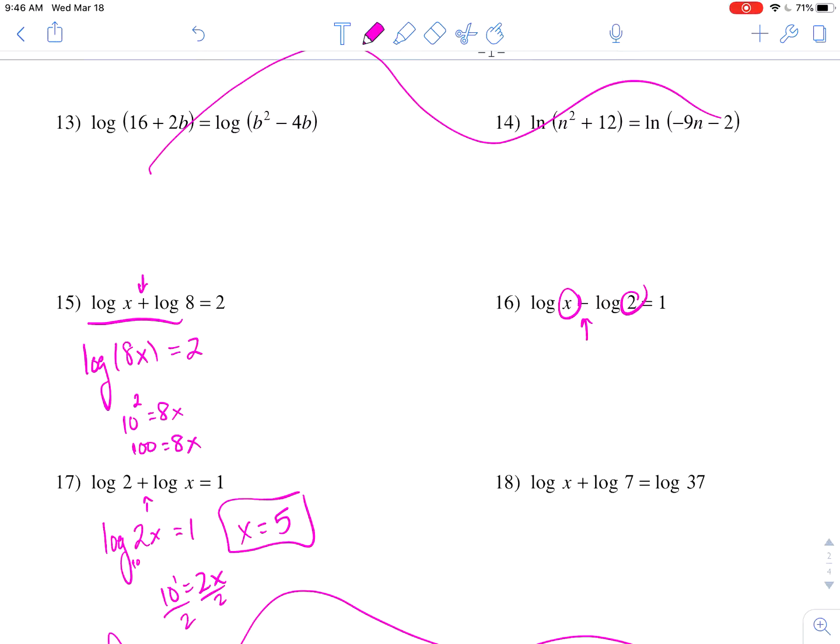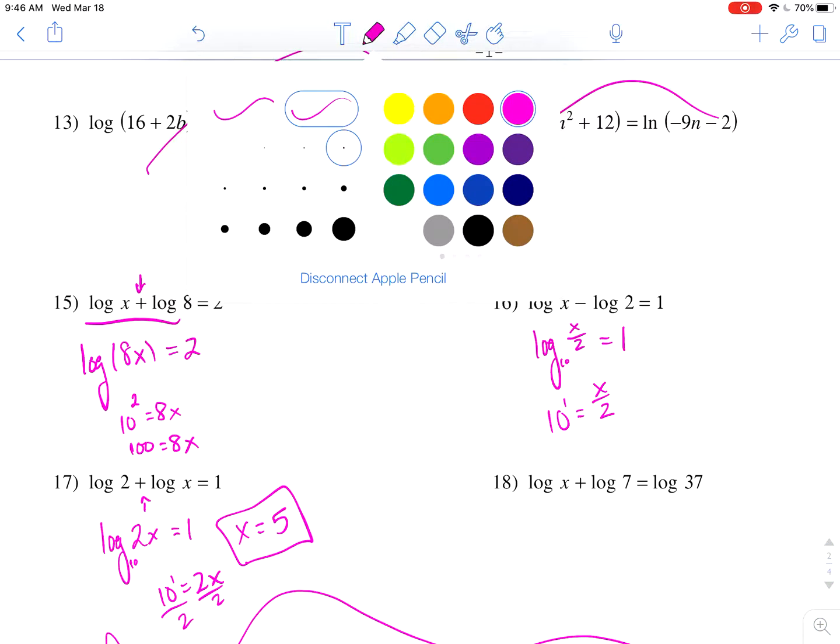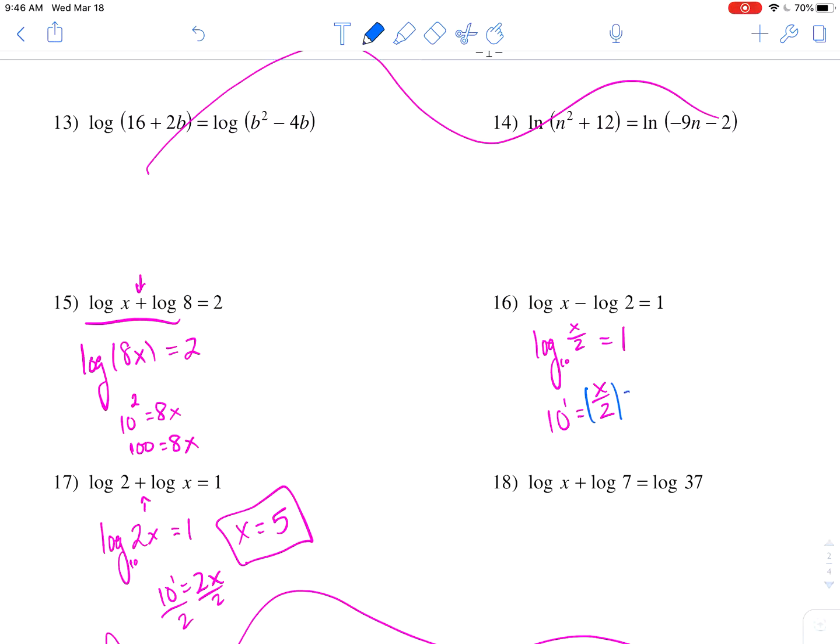If I'm subtracting, what do I do with the stuff in the logs? Well, I've got to divide it. So log of x divided by 2, again that's base 10, equals 1. So 10 to the first, or 10, equals x over 2. And how do I get rid of dividing by 2? I can multiply by 2. So 20 equals x.